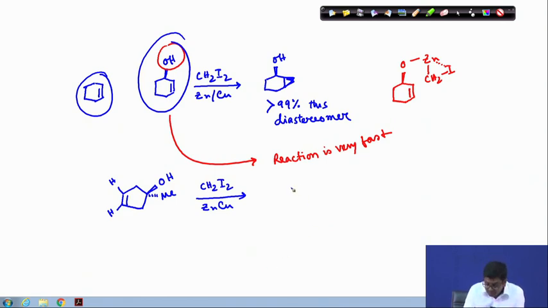So, this will also give only one cyclopropane product.